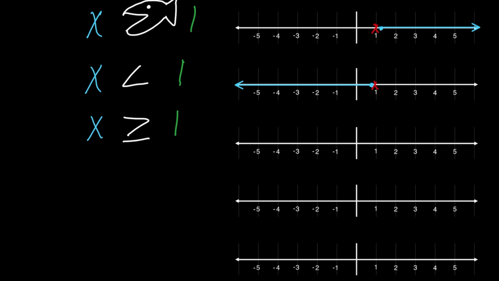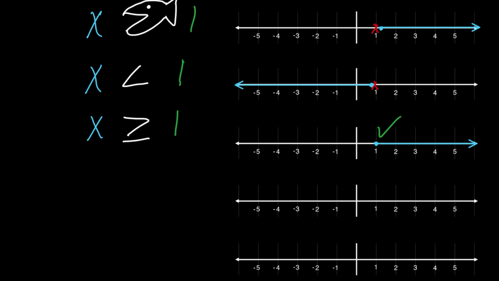That means x is greater than or equal to 1. That means x can equal 1. So right over here, plot that point, x does equal 1. X is equal to 1 or x is greater than 1. That means it can be 1 or any number bigger than 1.